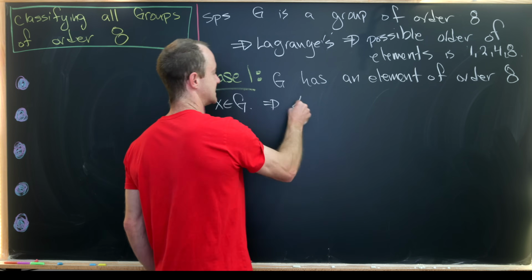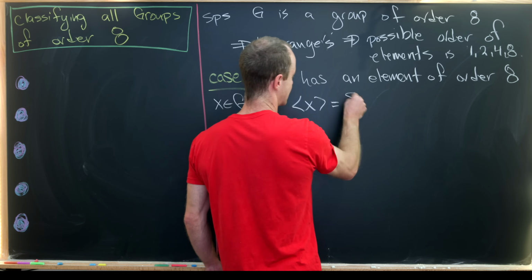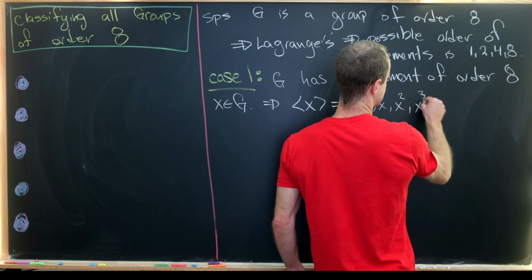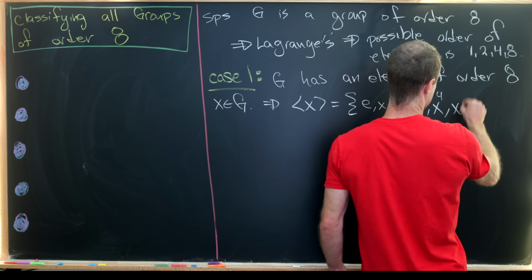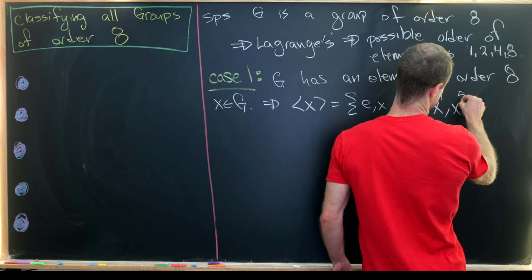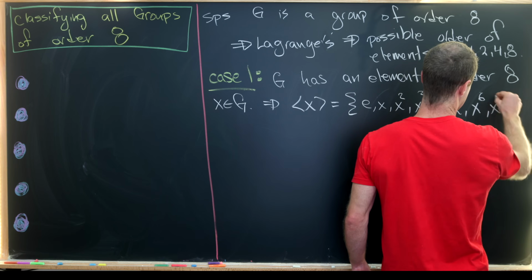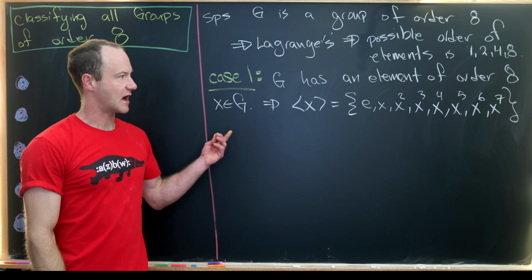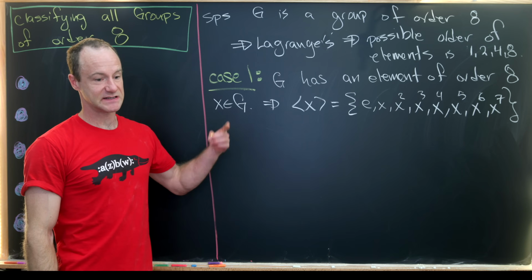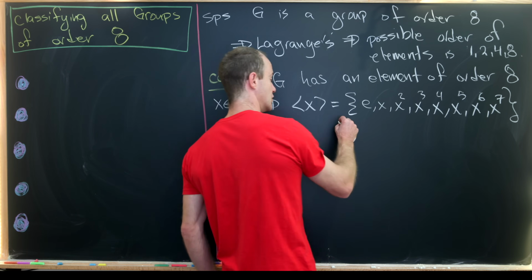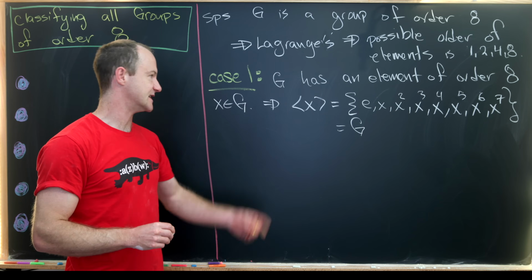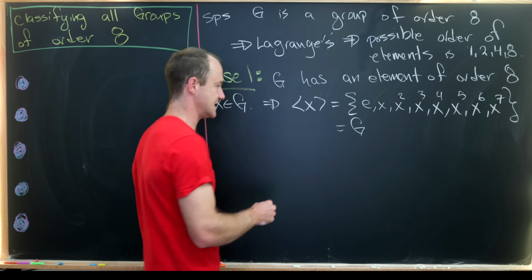If we take the cyclic subgroup generated by x, we'll get e, x squared, x cubed, x to the 4th, x to the 5th, x to the 6th, and x to the 7th. Those will be those 8 elements. But we've got a subgroup that has the same order as the group, which means this subgroup is the entire group. But that means G is a cyclic group of order 8.